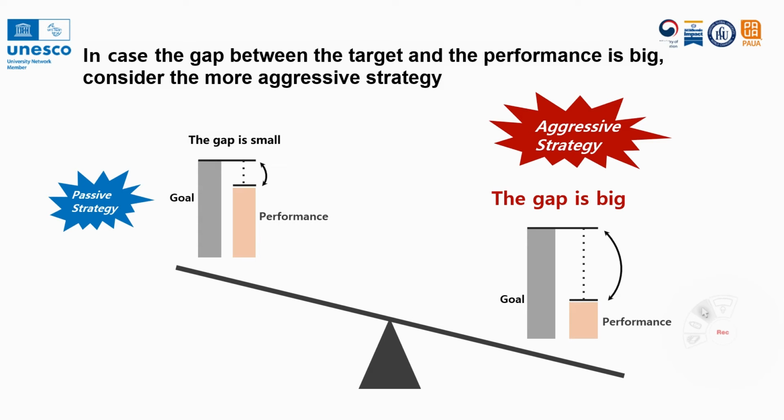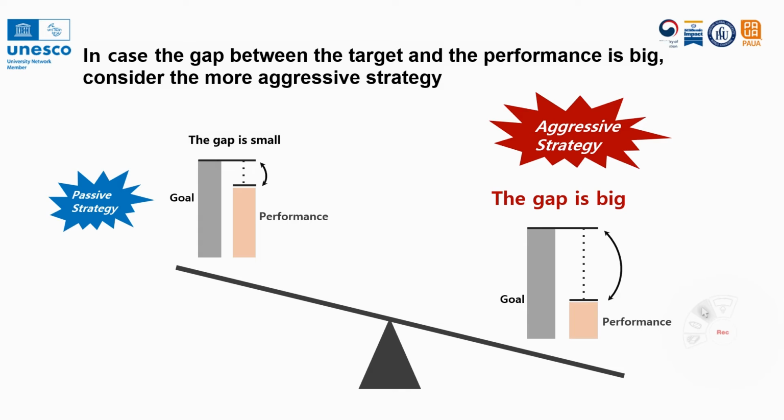On the other hand, if the gap is small, that means the goal is not relatively high, but our performance at the current level is high, and then we may choose a passive strategy or mild strategy without taking a big risk.